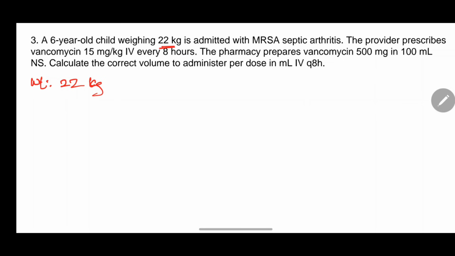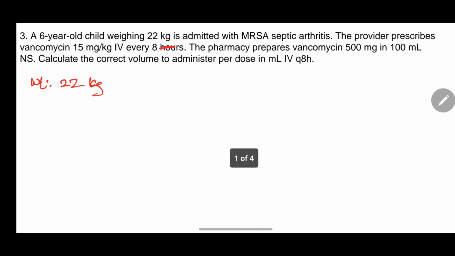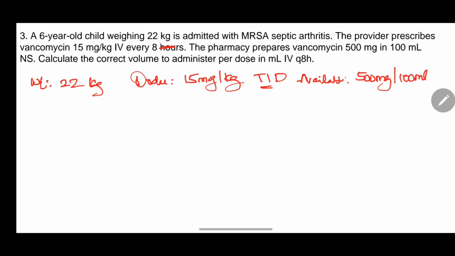This is TID dose. The pharmacy prepares vancomycin, available as 500 milligram in 100 ml NS. So calculate the correct volume to administer per dose, not per day, per dose in ml IV Q8 hourly.